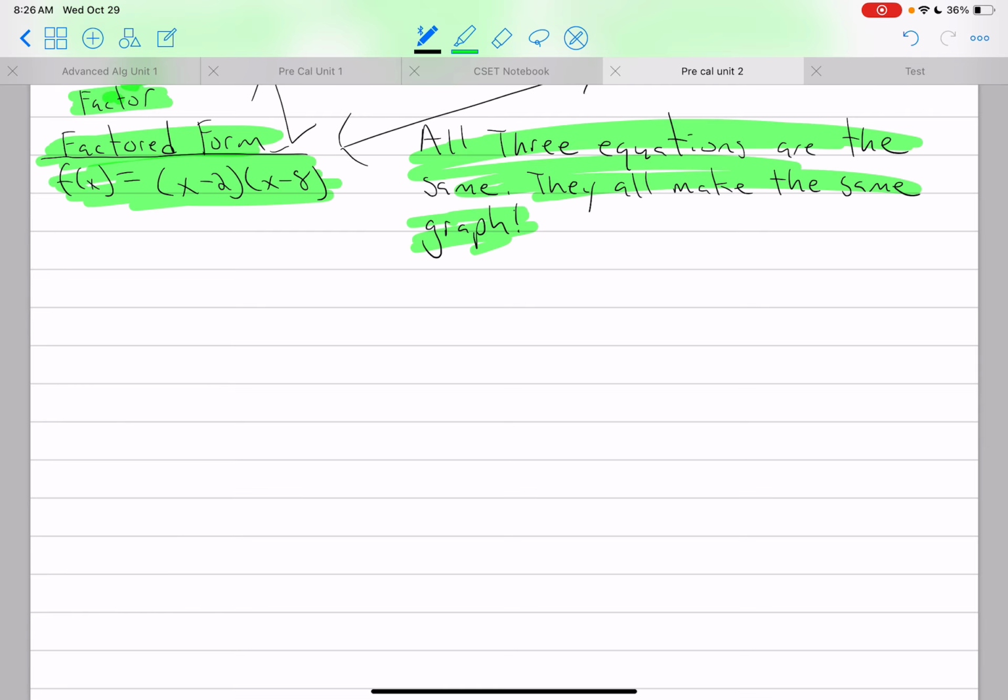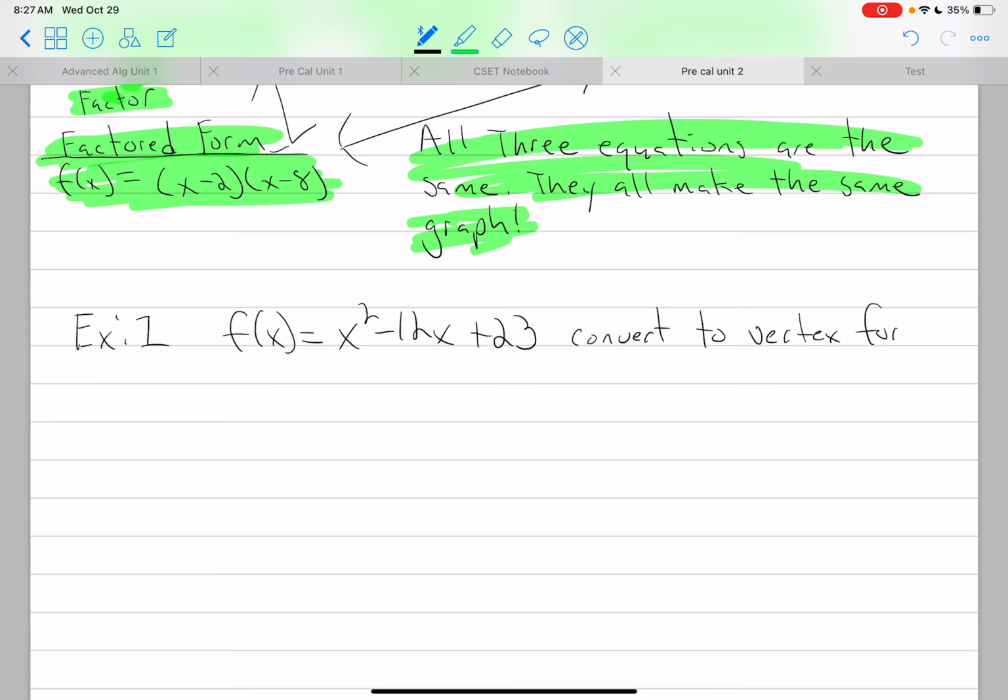So let's take example 1. I'm going to take the equation f of x equals x squared minus 12x plus 23. And I'm going to convert to vertex form. Okay?